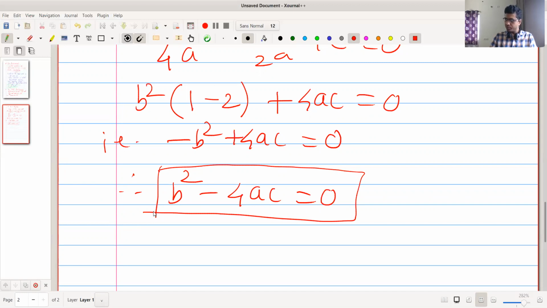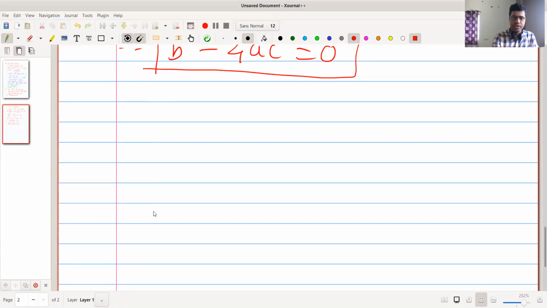So let us see the p discriminant. This was the introduction. Now we will discuss two types of discriminants which are related to a given differential equation. The p discriminant.